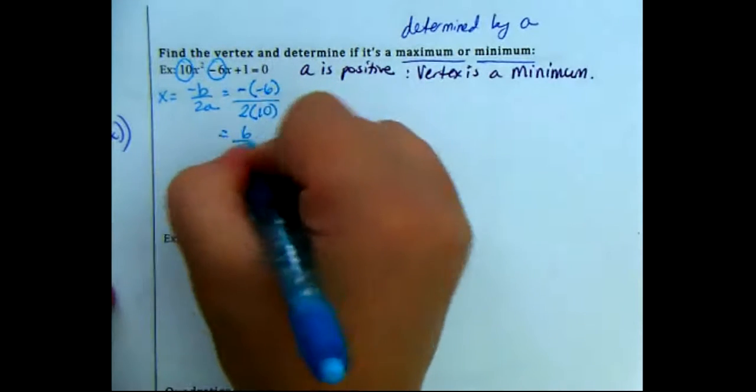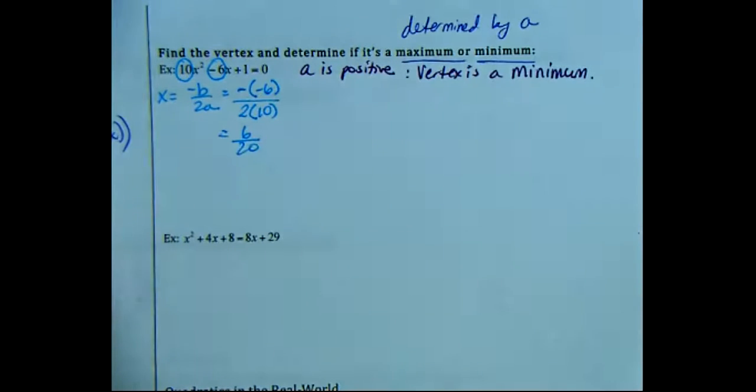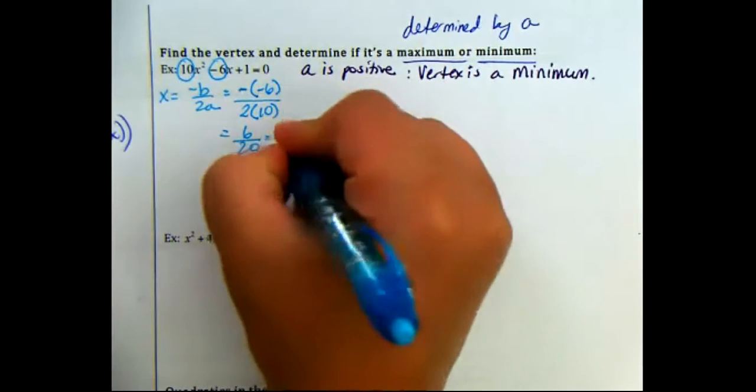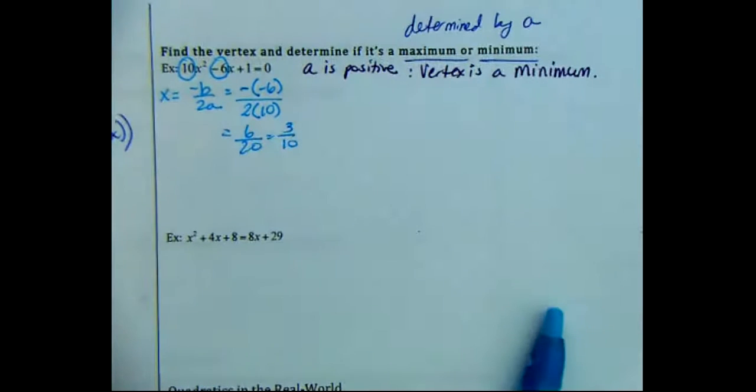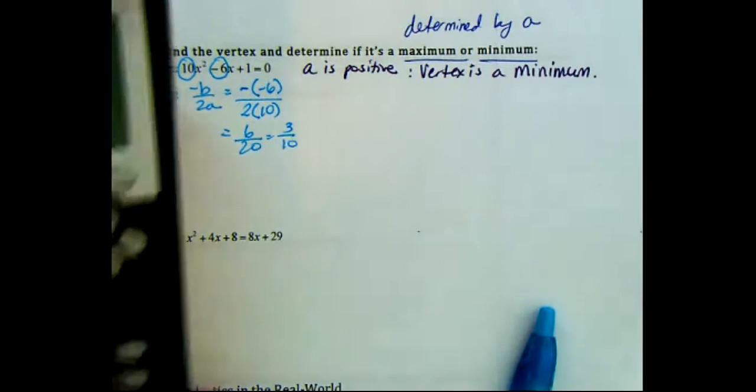That's going to be 6 over 20, and I can simplify that. 6 over 20 can become 3 over 10, or I can get that as a decimal.